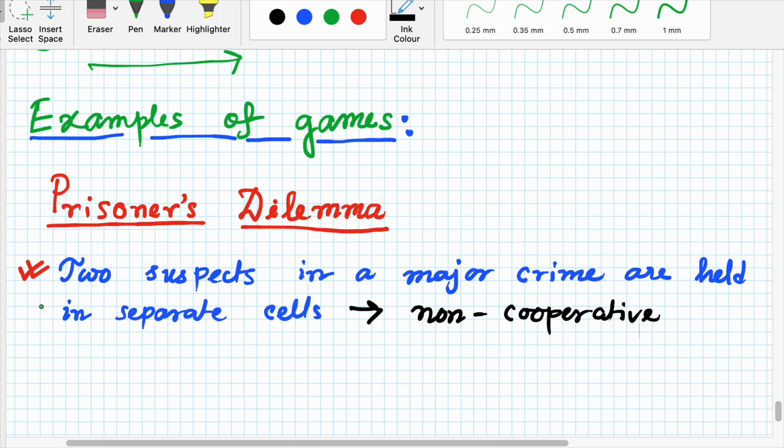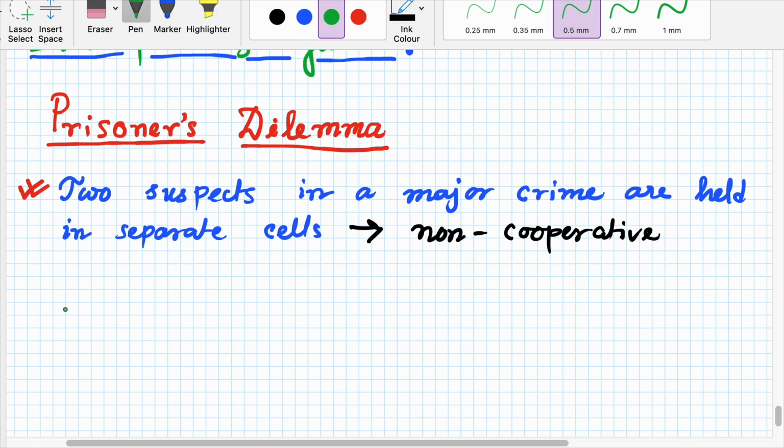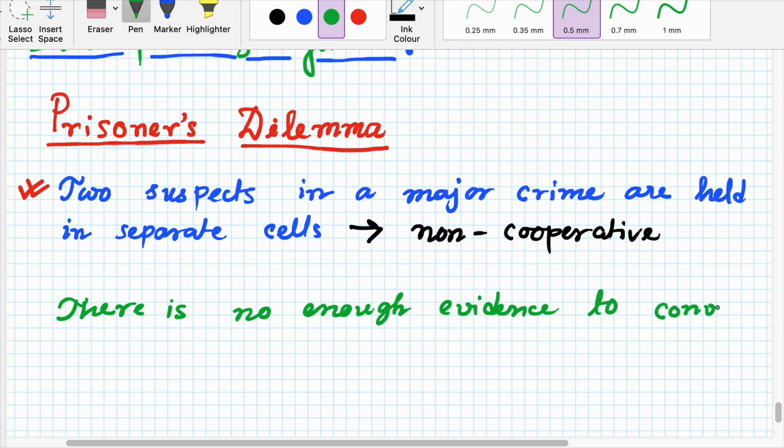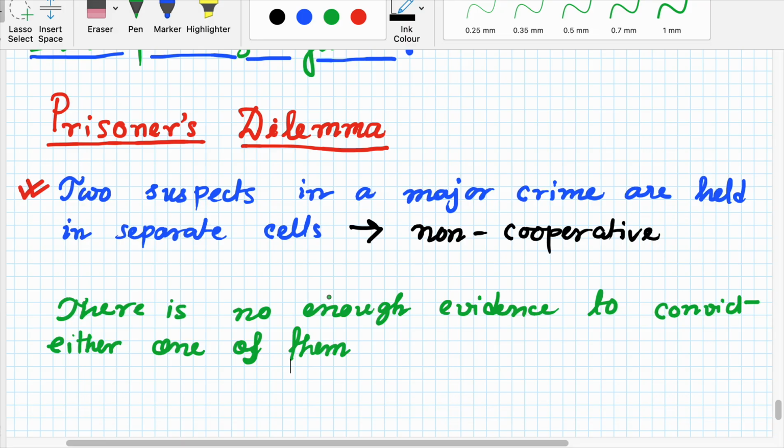Now, what is the problem here? There is not enough evidence to convict either one of them.